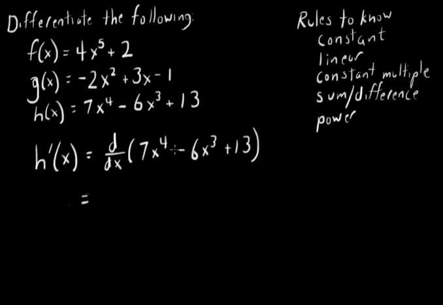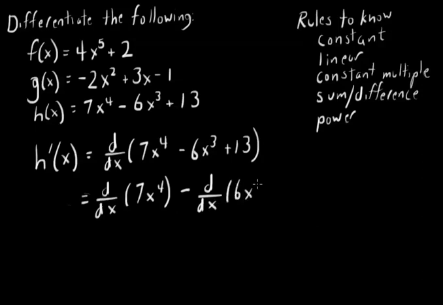All right, I see a difference, I see a sum, so we're going to break this up. Since I've got a difference here, I'll have minus the derivative of 6x cubed, and then I'll use that sum difference rule again to break out a 13.